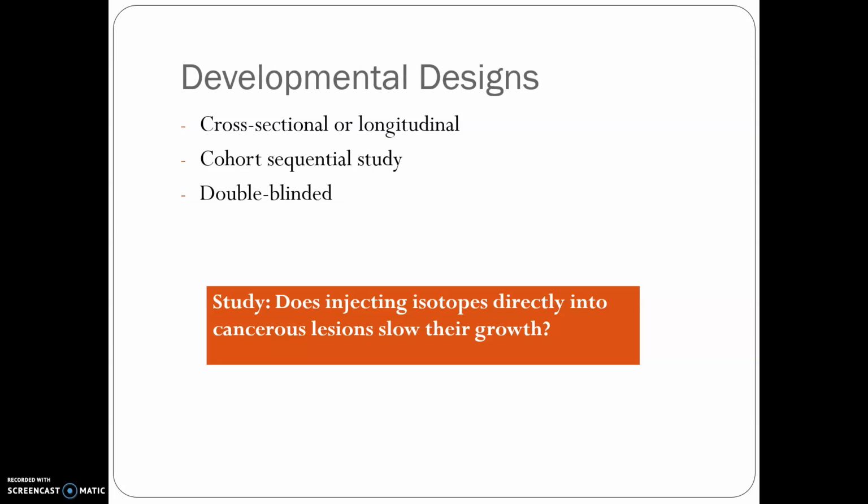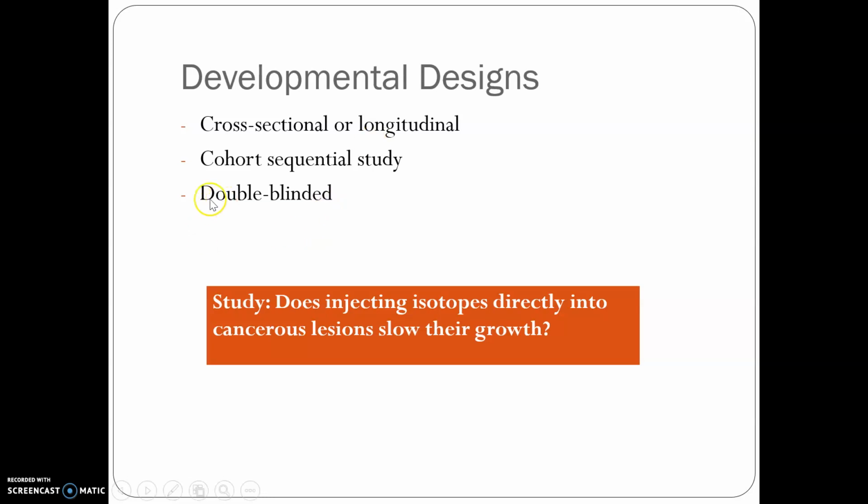Again, grade 5, grade 8, grade 10, and grade 12. So you're following trends over a longer period of time for several groups of people and seeing if the information or results change based on trends. Cohort sequential study. So it's basically like combining cross-sectional and longitudinal to make it more complex.